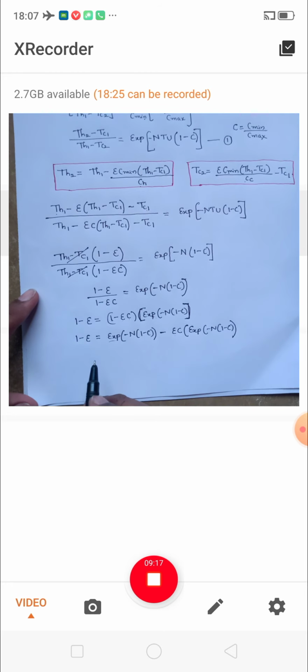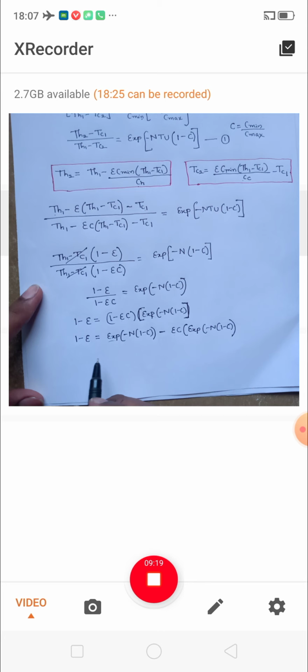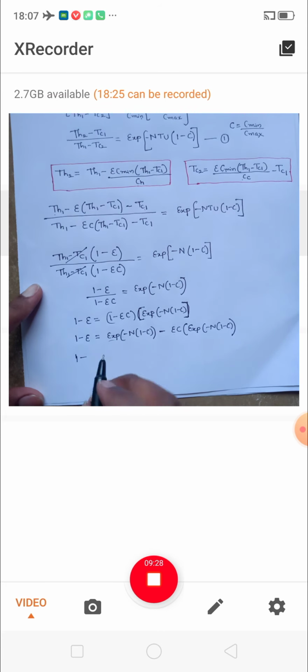So 1 minus 1, I will take this term to this side, 1 minus exponential of minus N (1 minus C). I will shift this term to the right side.